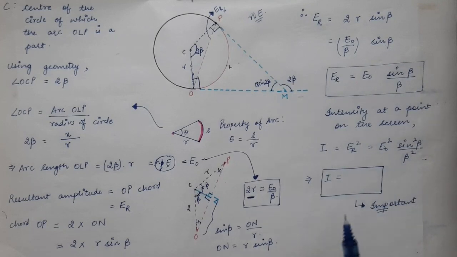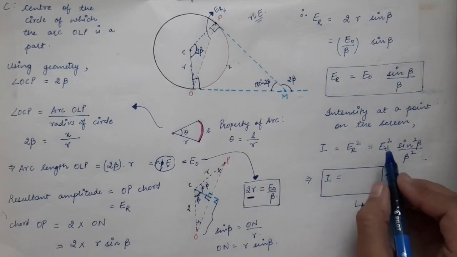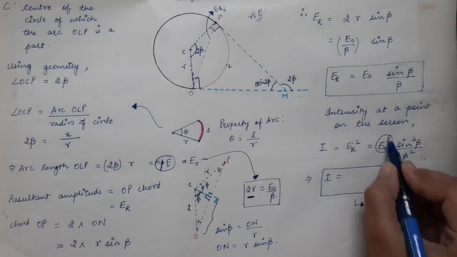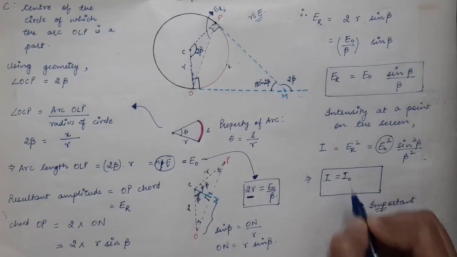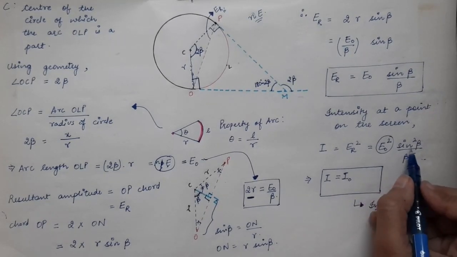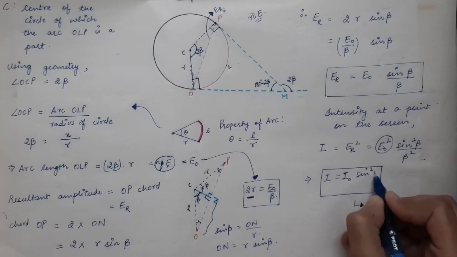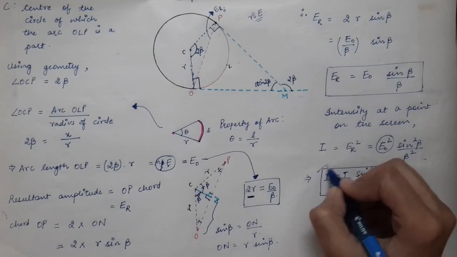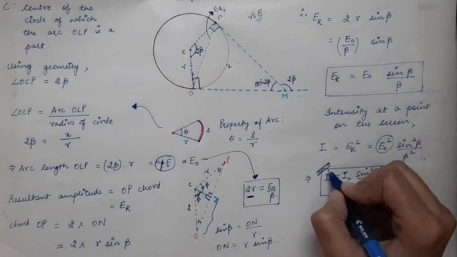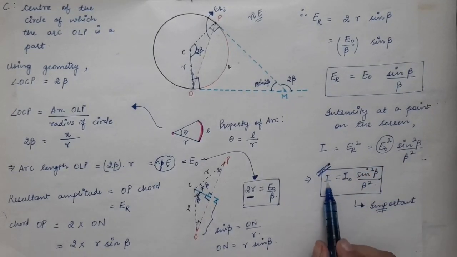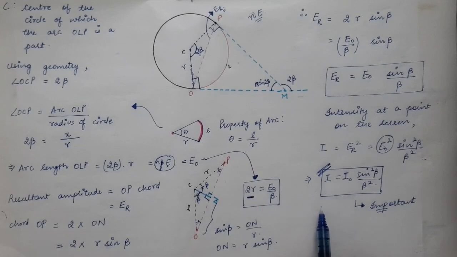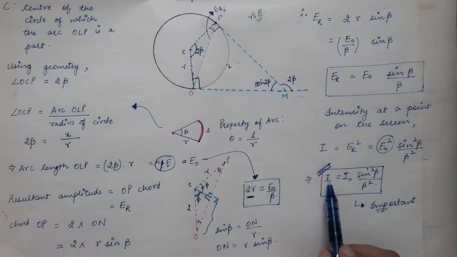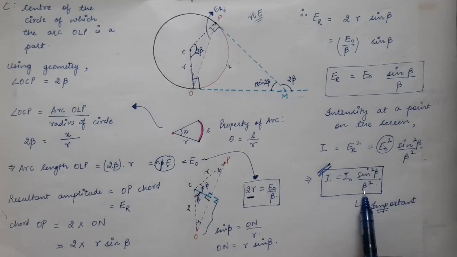So from here you can find intensity I, and this E0 square can be written as I0, into sine square beta divided by beta square. So this is the final result of the intensity at a particular point on the screen due to the diffraction phenomena.